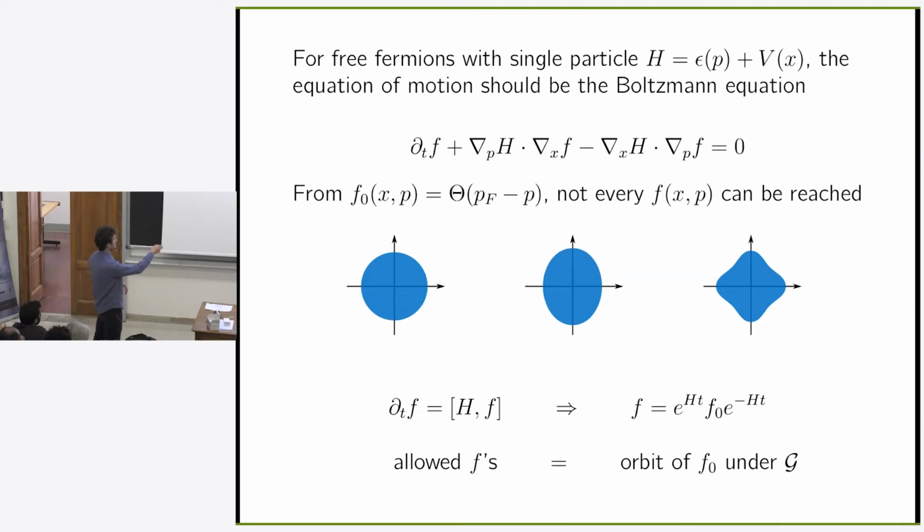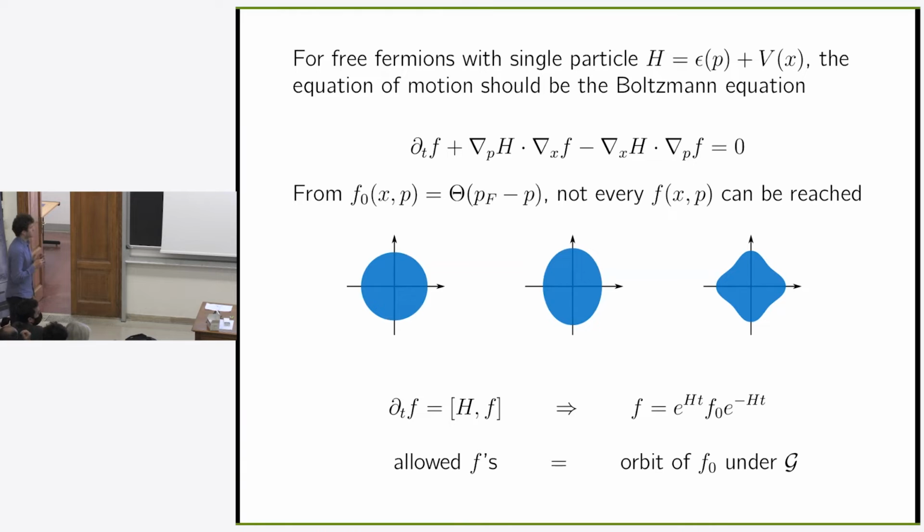So I'm imagining I have an arbitrary function of x and p as h. So the group is all functions of x and p with commutation relations equal to Poisson brackets. Here x and p are just, let's say, two-dimensional vectors.